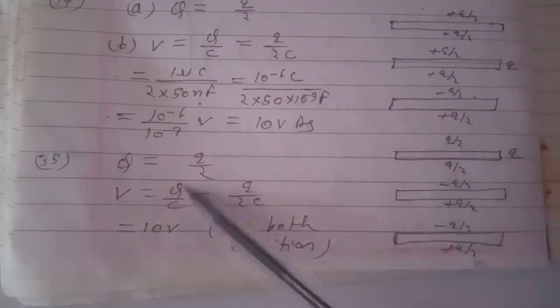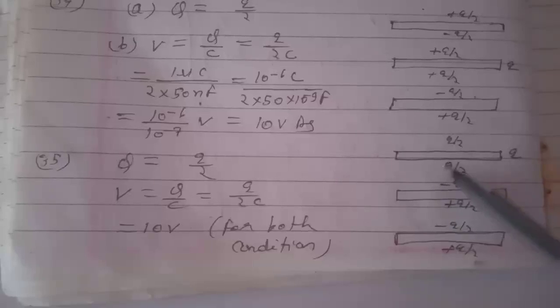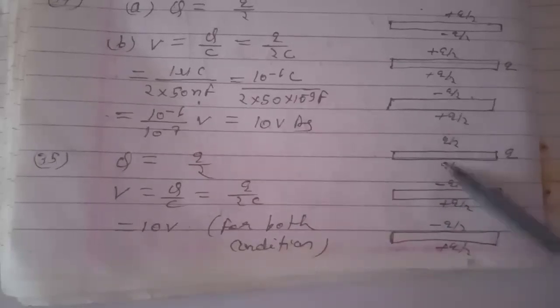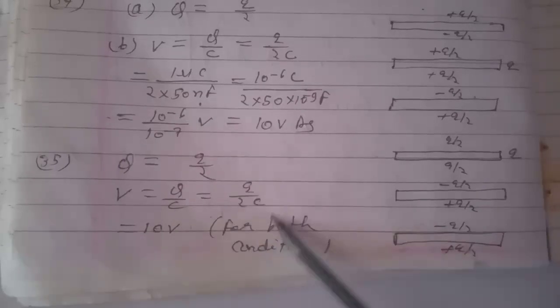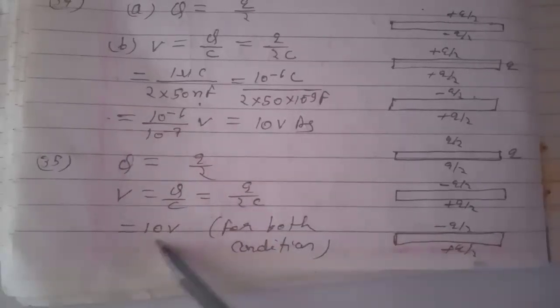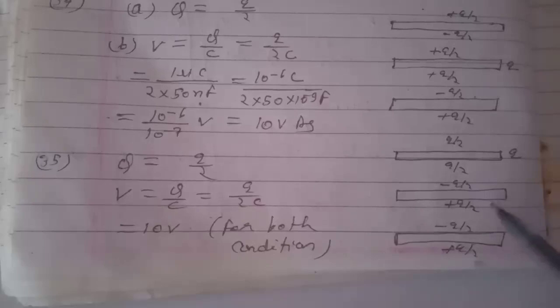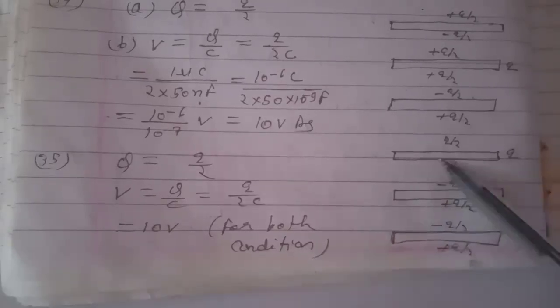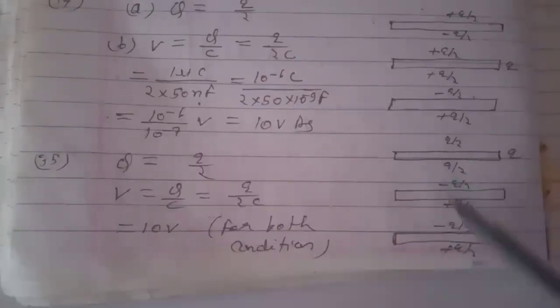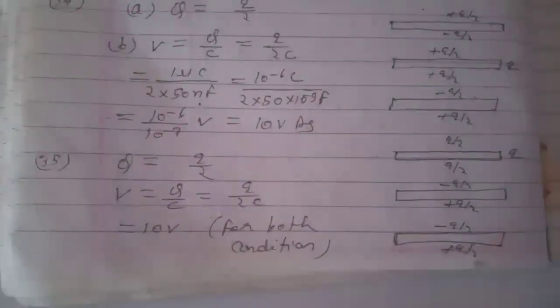Now facing surfaces have charge Q by 2, so we can write V equals Q by C, or Q by 2C, equals 10 volt. In both cases facing surfaces have charge Q by 2 and the capacitance is given, so in both cases the voltage will be 10 volt. Answer.